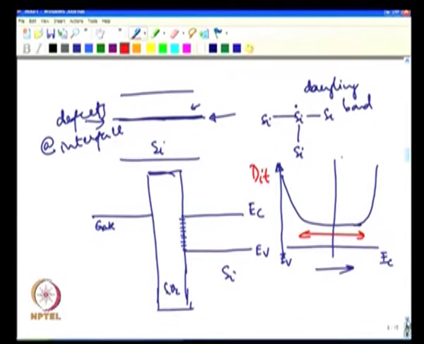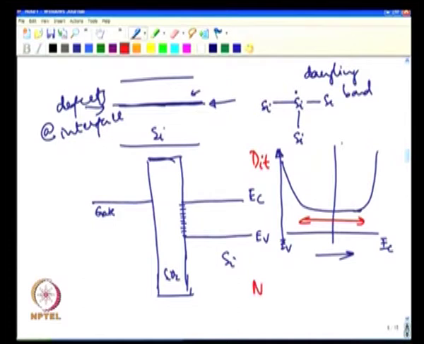So from DIT, if you want to get NIT, you integrate this over an energy range. In other words, you get NIT as the integral from E1 to E2 of DIT, which is of course a function of E, dE. Now you can make correspondence with all these.